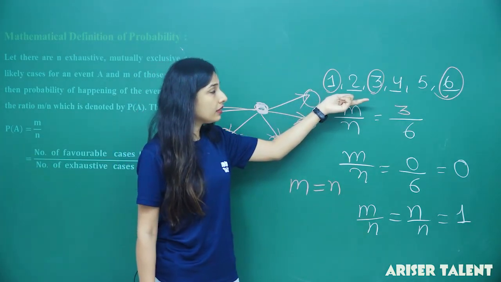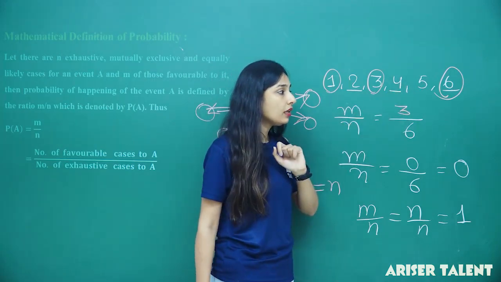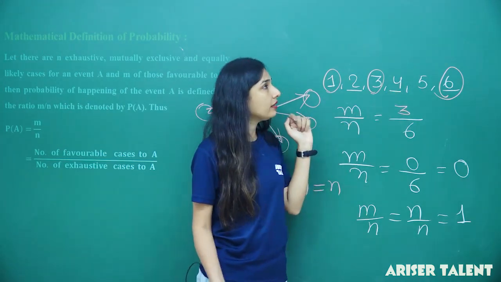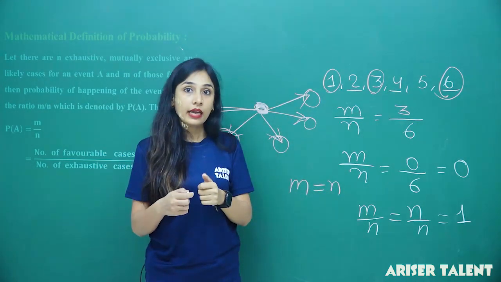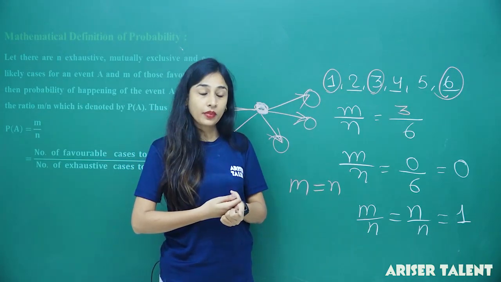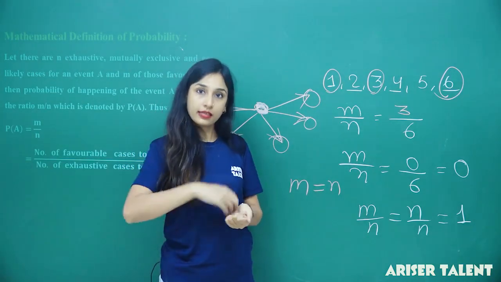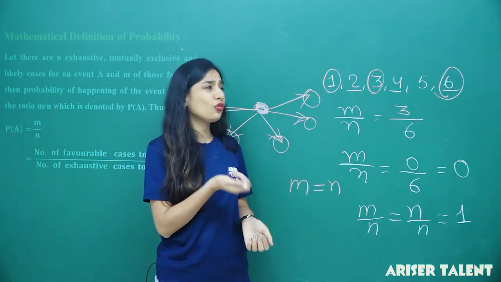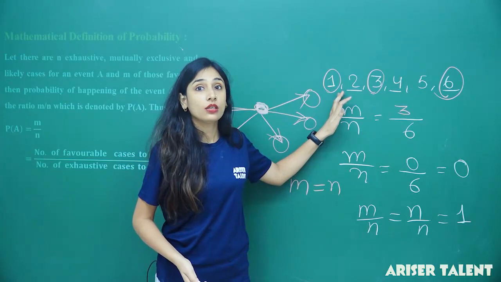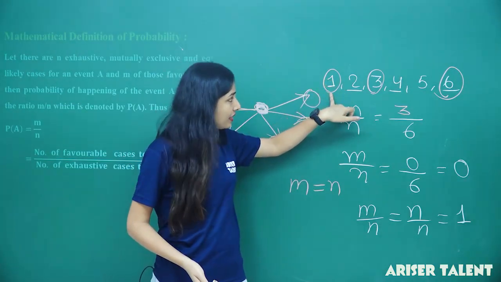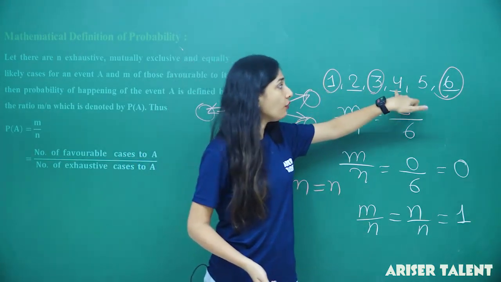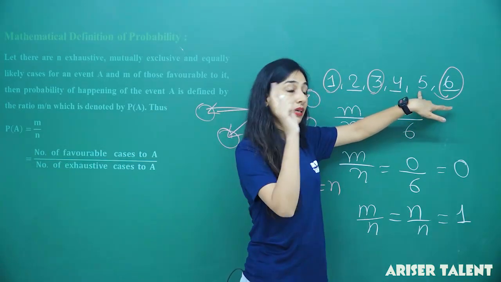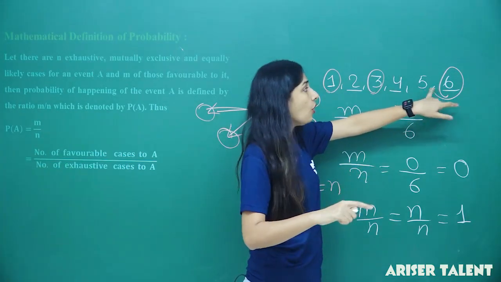Now in the case of dice, let me ask you this question: what is the probability that I'll get a number less than 6 if I toss a dice? Even if there is 1 or 2 or 3 or 4 or 5, not less than, but less than or equal to 6.